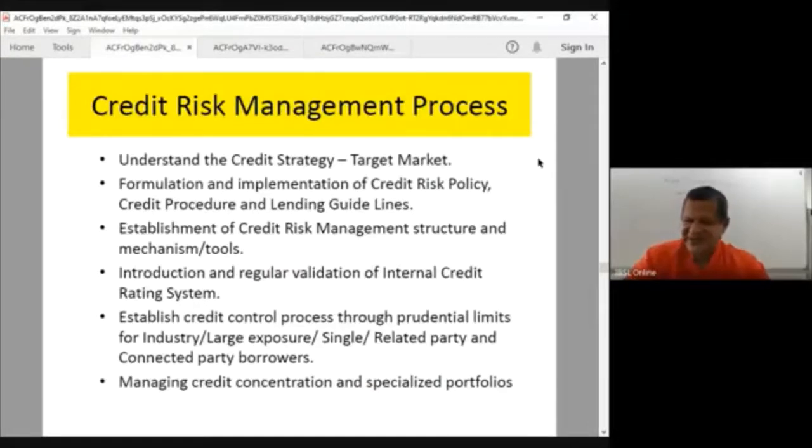The credit department also needs to do a credit control process through prudential limits for industries. Now, I told you the central bank has given 11 types of industries, and the credit department needs to suggest to the board of directors the maximum amount of exposure to a different industry.